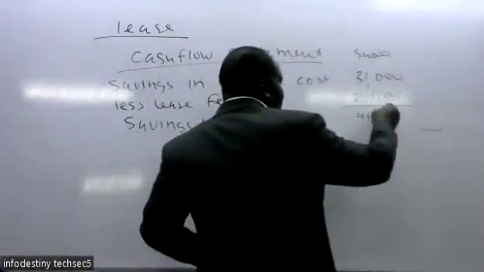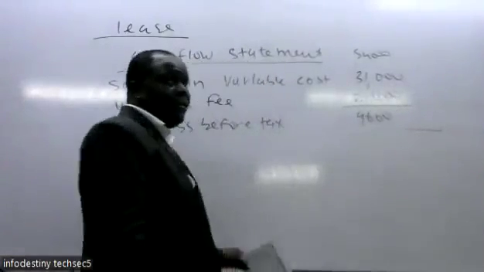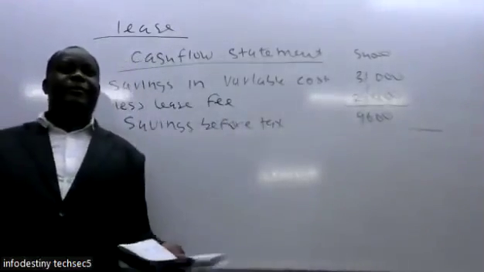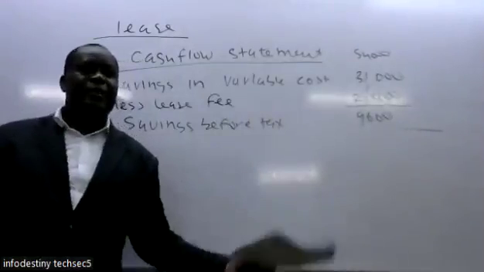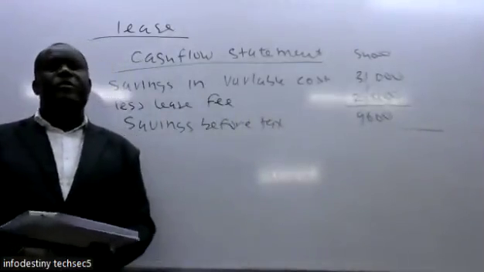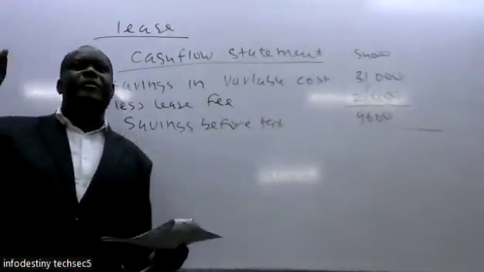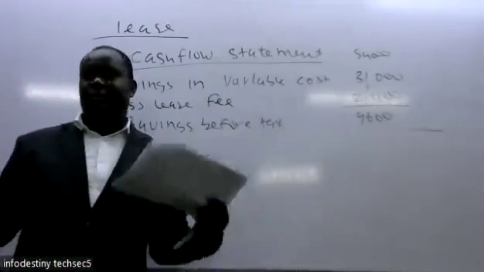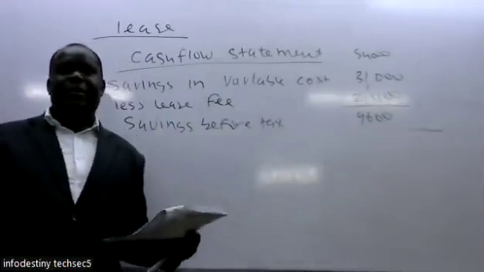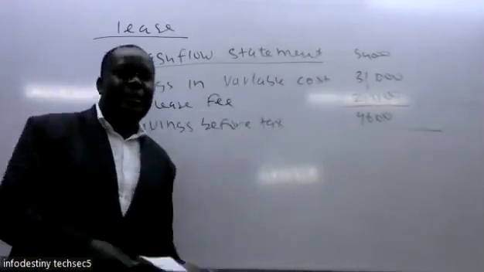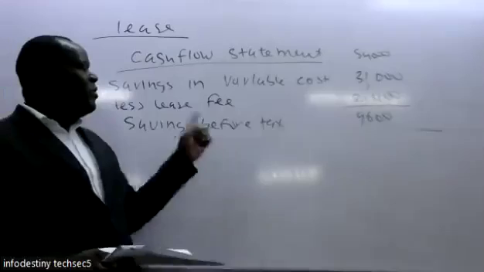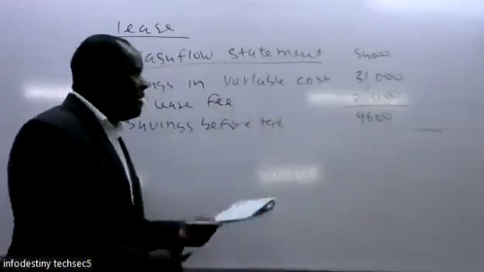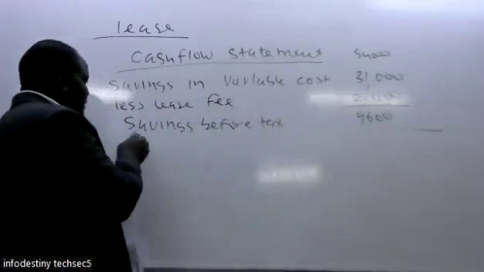So when you lease, there is no depreciation. The asset does not belong to you. You are only paying rent to use the asset. So we did not buy. So there will be no depreciation under the lease. Then now after that, we now less the tax.